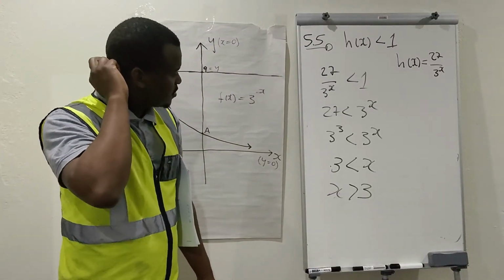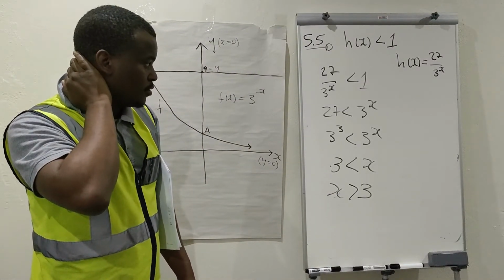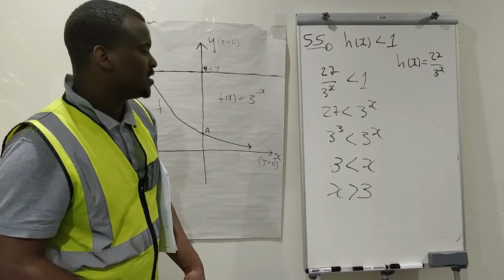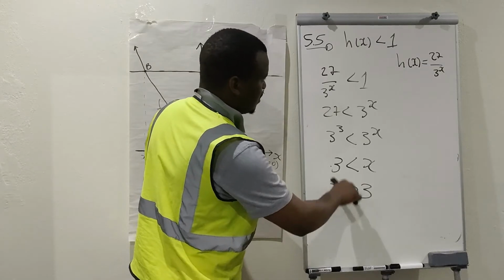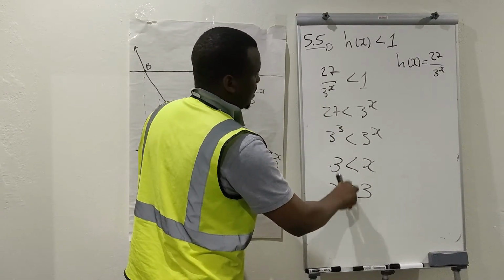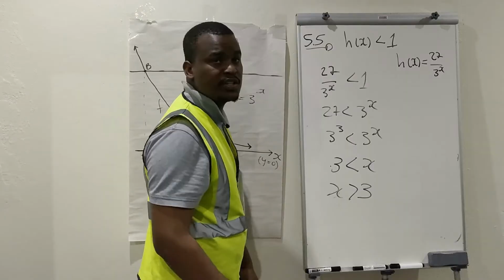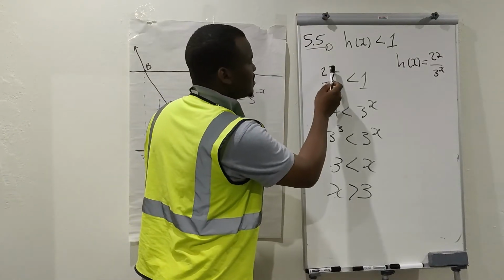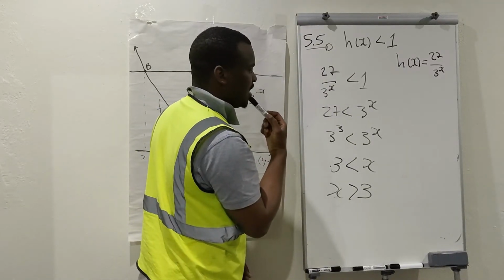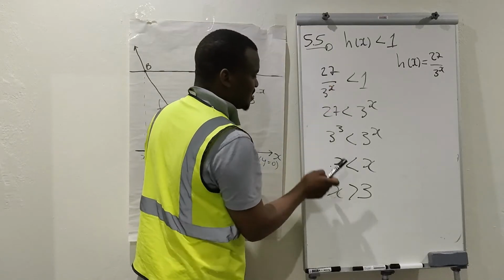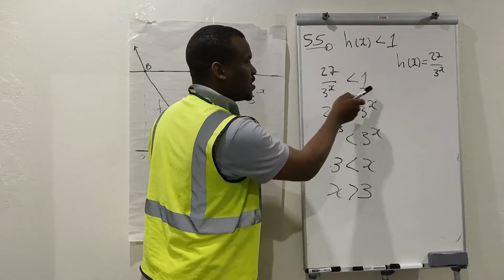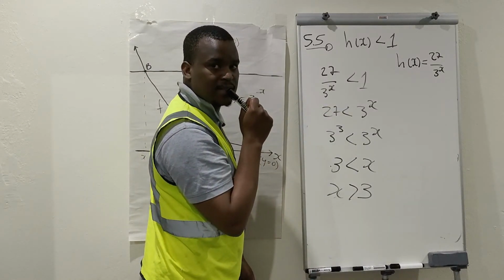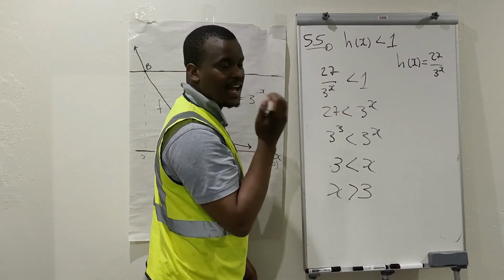So this is how you do this one. What this tells you is that for all x greater than 3, this will be less than 1. If x is equal to 3, then you have 1 on this side, and 1 is not less than 1; they're equal.